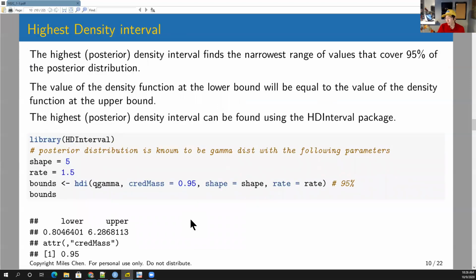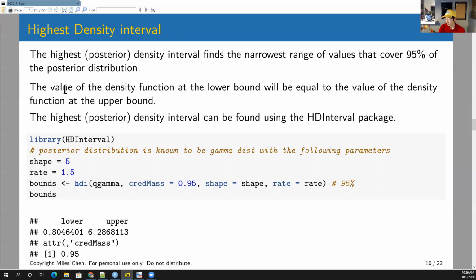You also have the highest density interval. The highest posterior density interval finds basically the narrowest range where you can still get 95% of the posterior distribution, because you're picking the area that has the highest probability density for the posterior distribution.